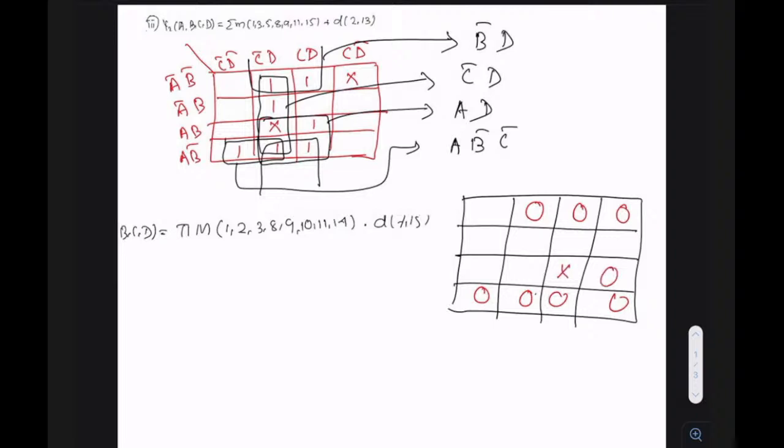So 4, 5, 7, this is what one don't care. So this is the corresponding map.